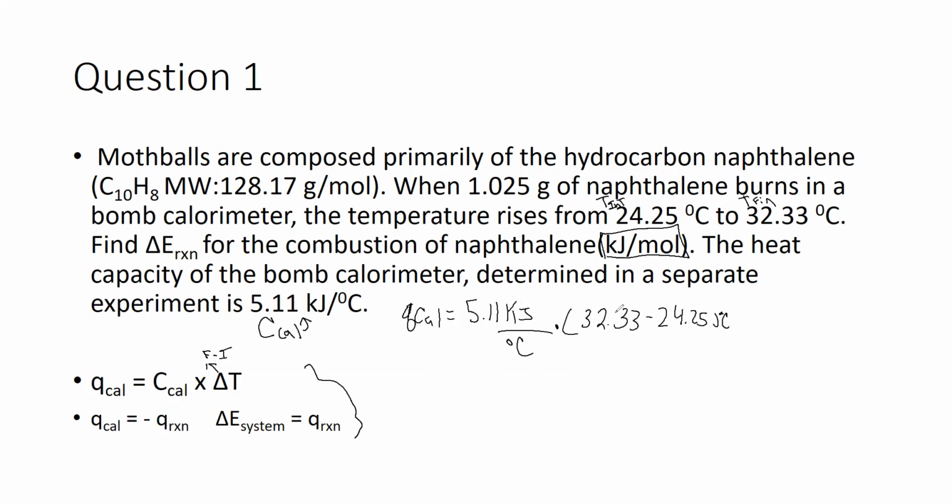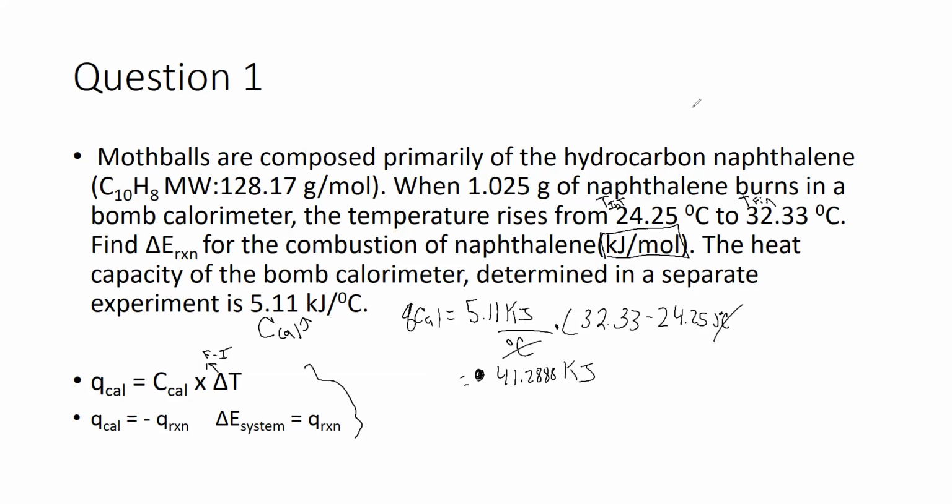I'm going to put the C out here just because I didn't want to write it twice, but that has a unit of centigrade or Celsius. So Celsius cancels out, and QCal will have a unit of kilojoules from our bomb calorimeter constant there. When you do that, let me move my Excel sheet so I can actually write. QCal equals negative, or not negative, I'm not at that point yet, 41.2888 kilojoules.